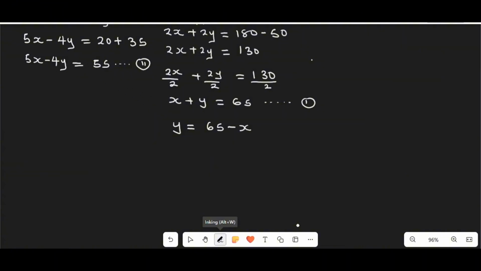We are going to have 5x minus 4 bracket 65 minus x equals 55. 5x minus 4 times 65, we are going to get minus 260, minus 4 times minus x, we are going to get plus 4x equals 55.